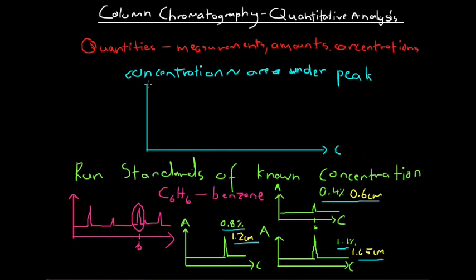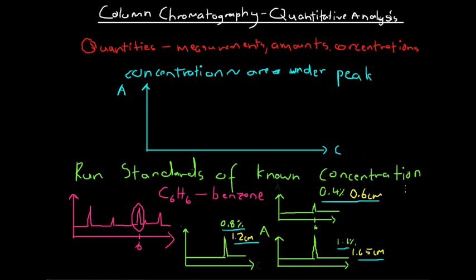Apologies, these 3 smaller graphs down here are not graphs of concentration versus area. So they should not have these A and C here. Just like this graph, they are all about time and recorder response. On the vertical axis of all 4, this pink one and the 3 green ones, it is recorder response, and on the horizontal axis, it is always time.